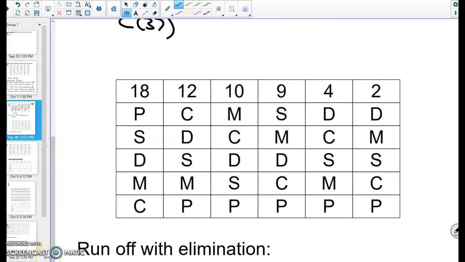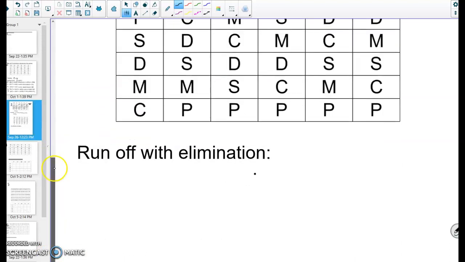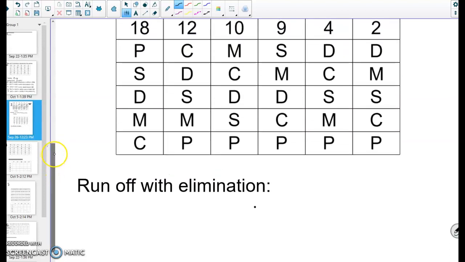Runoff with elimination. P had 18, C had 12, M had 10, and S had 9, and D had 6. D goes first.